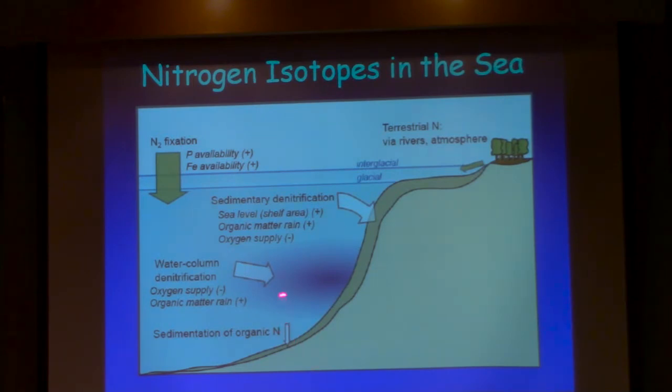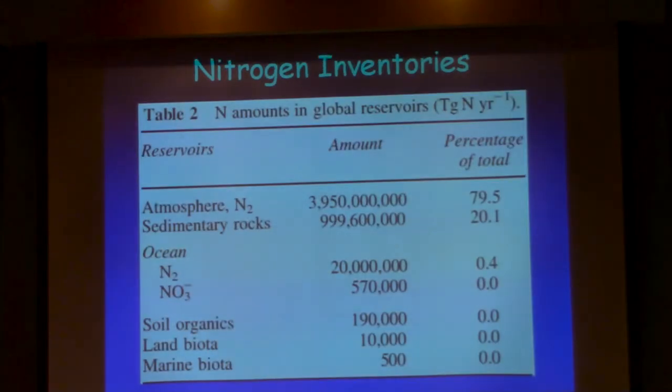But also there's denitrification, the reduction of nitrate to N2 gas and the flux of that N2 gas out of the ocean. That can occur both in the water column and in sediments. And the carbon isotope fractionation associated with sedimentary denitrification and water column denitrification is very, very different. Okay, but before we get into that, first let's just look at nitrogen inventories.